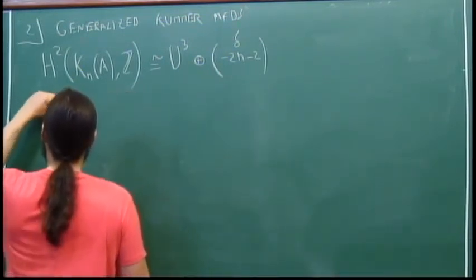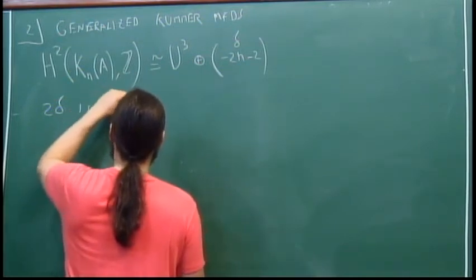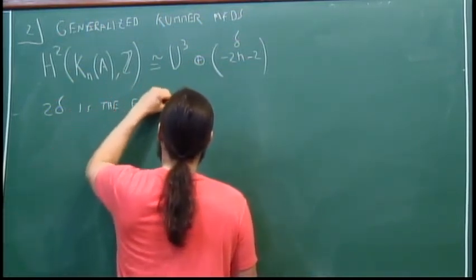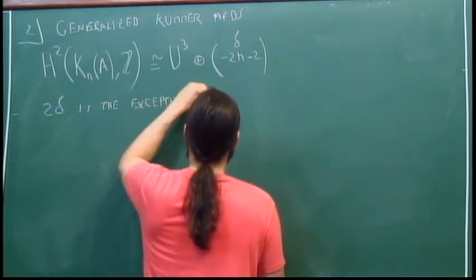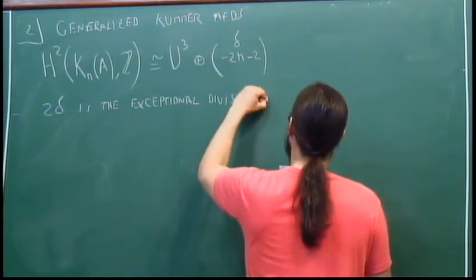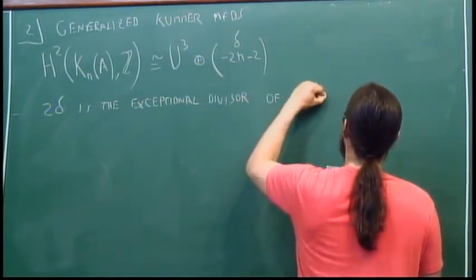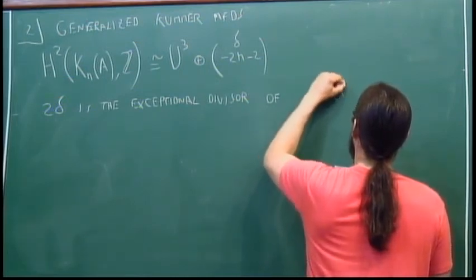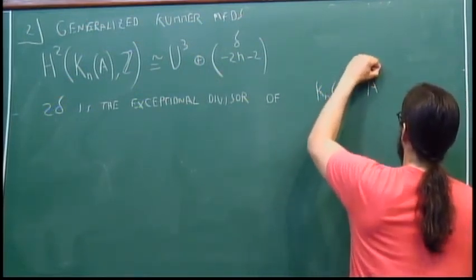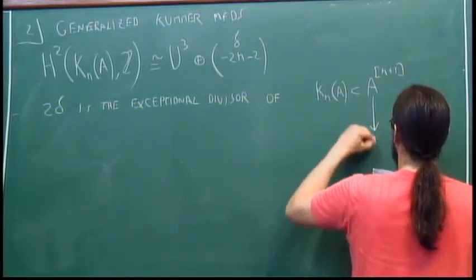And 2 delta is the exceptional divisor of the Hilbert-Chow map restricted to our Kummer manifold.